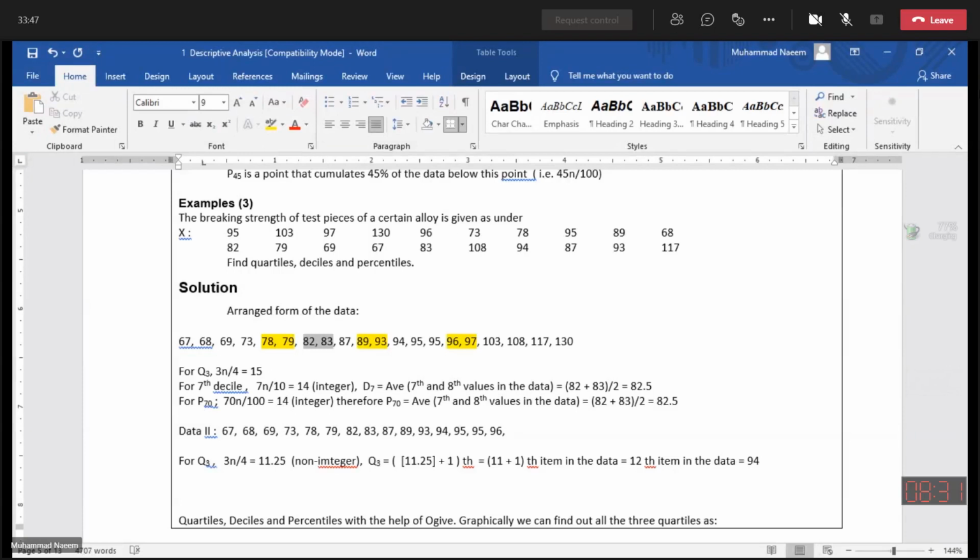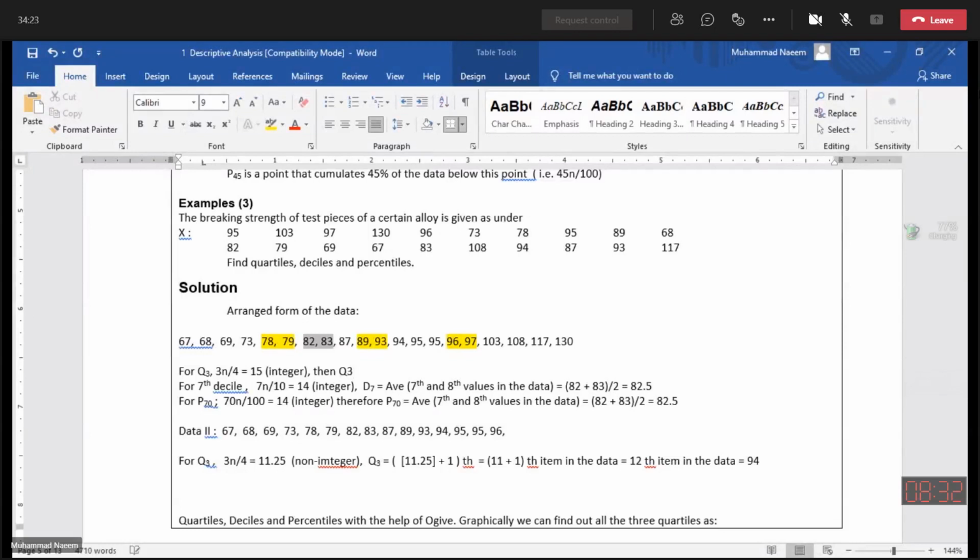So the value of 3n by 4 is 15. Mention here whether this ratio is an integer or non-integer. If it is an integer, then take the average of the 15th and the next one, the 16th item in the data. This will be your required measure.